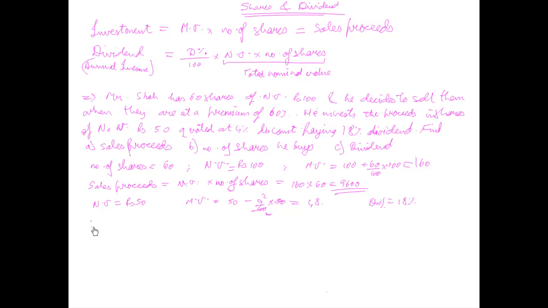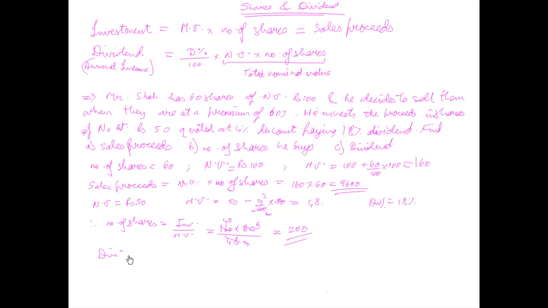For number of shares, it equals investment upon market value. Investment is the same as sales proceeds because he's selling the shares and buying another one. So the money he gets, which is 160 into 60, he invests in the shares, and the market value we got is 48. He'll cancel off with 12, 5 times, with 12, 4 times. 200 shares. So he's bought 200 shares, children.